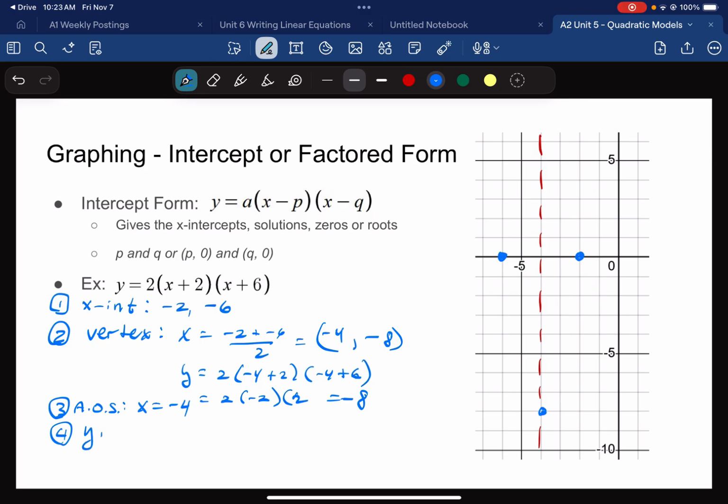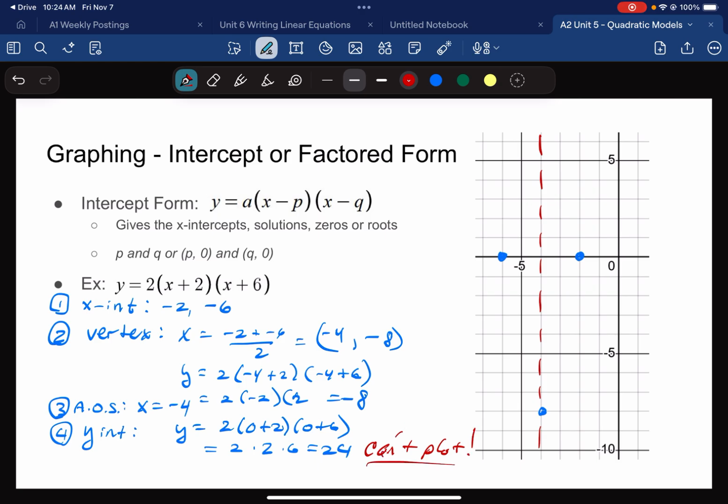So y-intercept. y equals 2 times (0 plus 2) times (0 plus 6). Well, that's 2 times 2 times 6, which is 24. And that's off my graph. I'm not going to see 24, so I can't plot that on this graph.